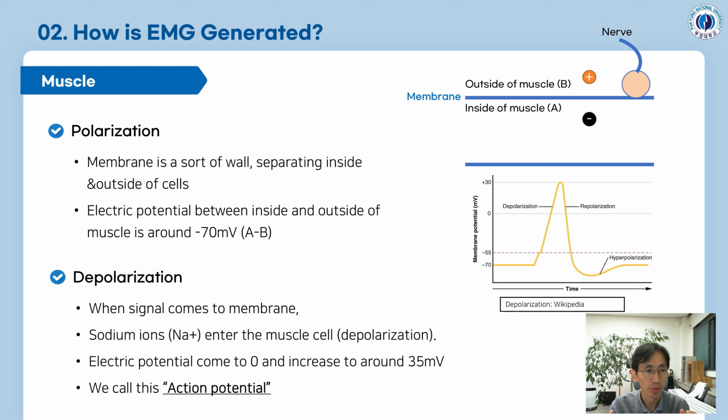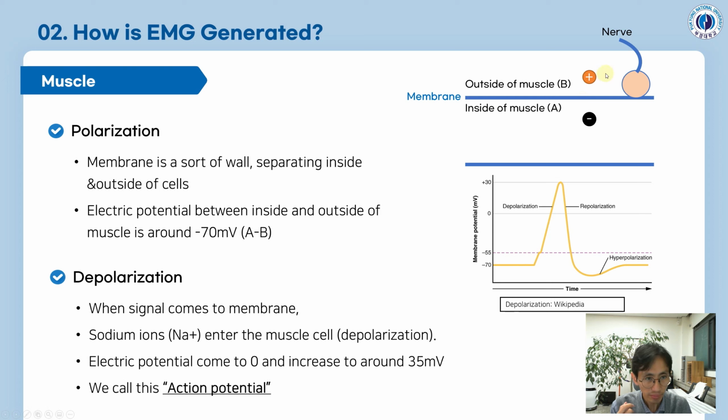If we don't move, and our cells do not give any signal to the others, then it is very stable. But when our nervous system gives a signal to our muscle, then this membrane state is changed.